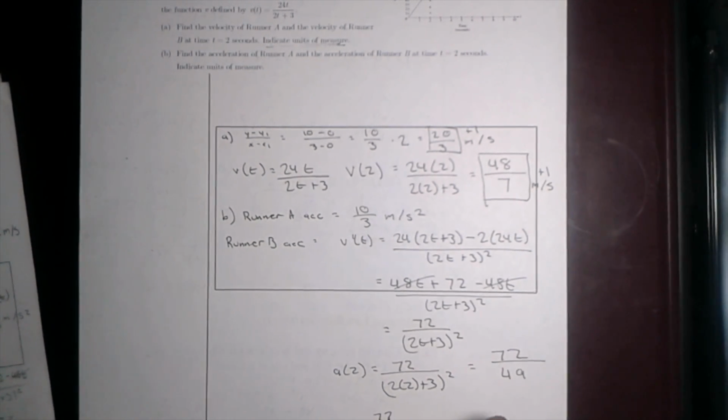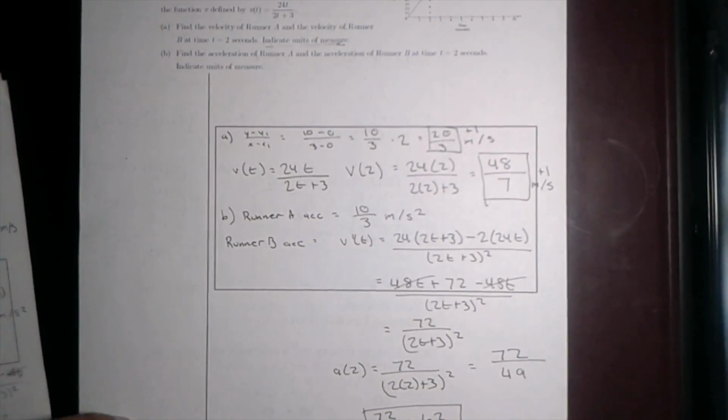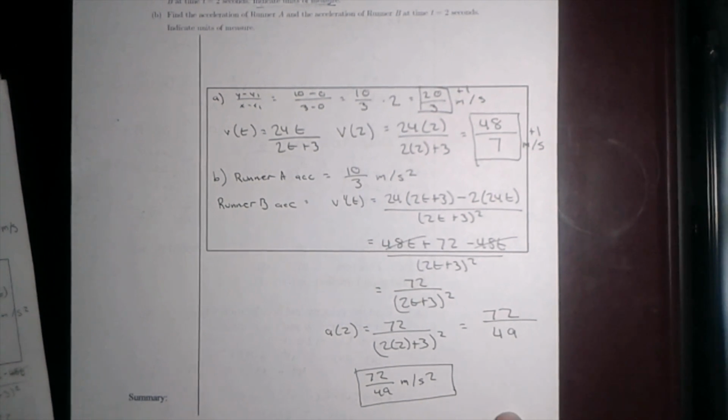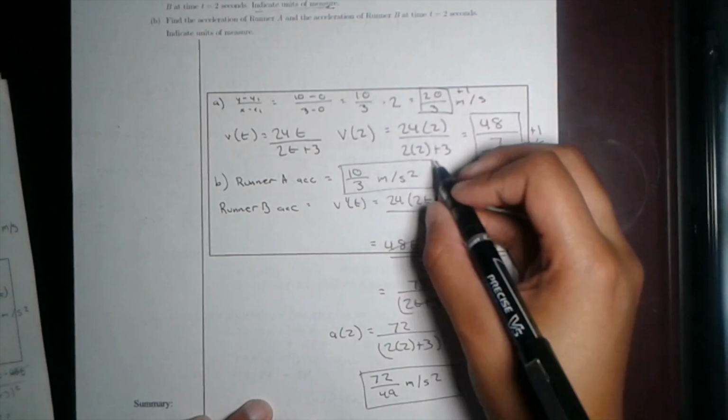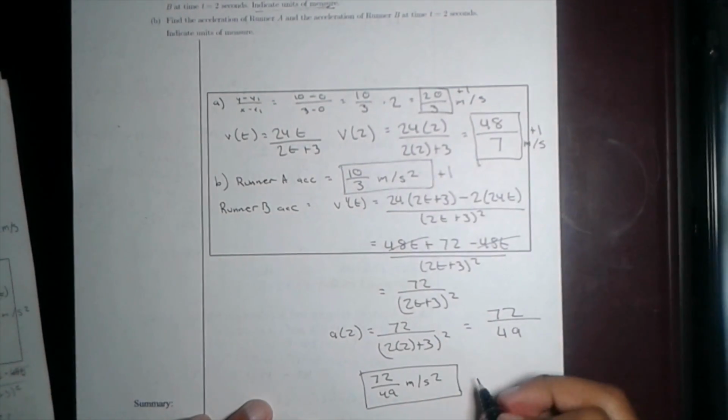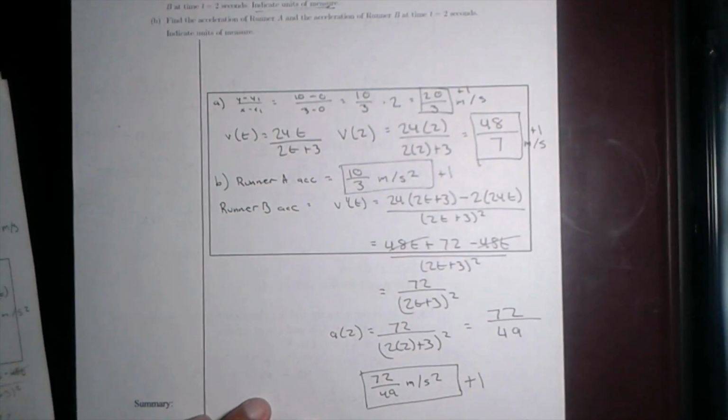It is 72 over 49 meters per second squared, because it's acceleration. And you would get 1 point for each: 1 point for 10/3 meters per second squared, and 1 point for 72 over 49 meters per second squared.